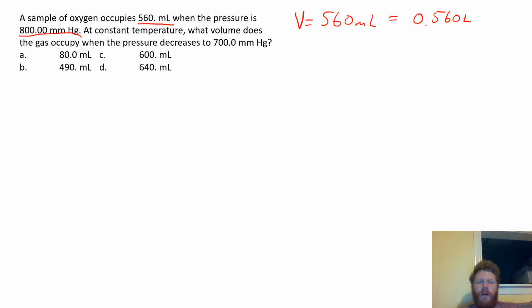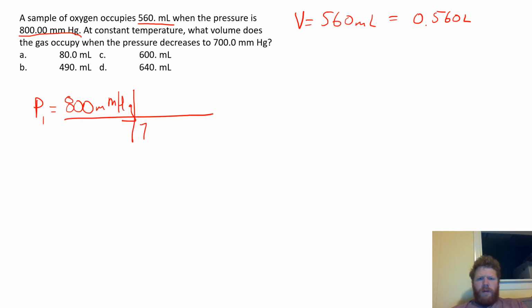Okay, so what we have here is an interesting scenario. With this problem, what we're simply asking is, what is the new volume? So we have one scenario in which pressure 1 is equal to 800 millimeters mercury. 760 millimeters mercury is 1 atmosphere, so we'll convert that.